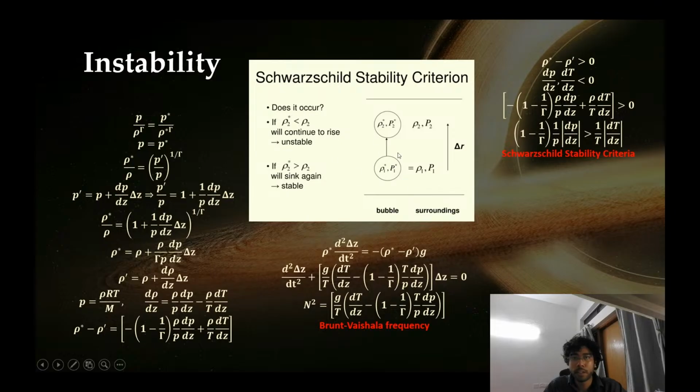Now we want to see how it will oscillate, what will be the frequency of these oscillations? If we make this perturbation, what will be the frequency of these oscillations? Or if the system is unstable, what will be the time scale at which it will keep on rising, the rate at which this bubble will move up?